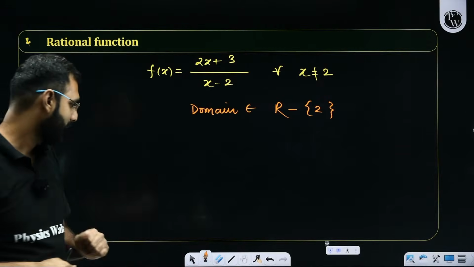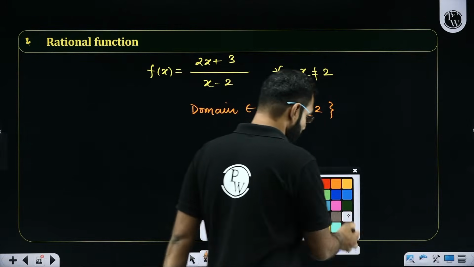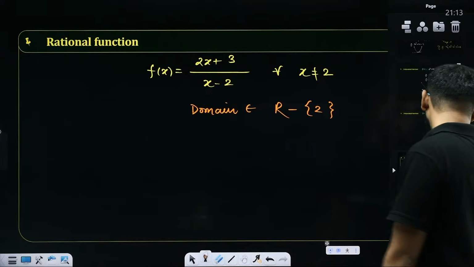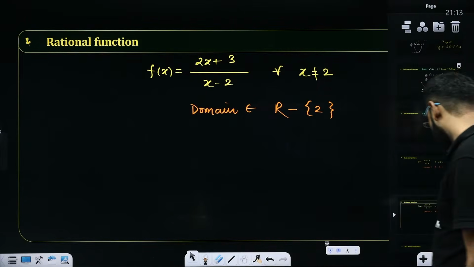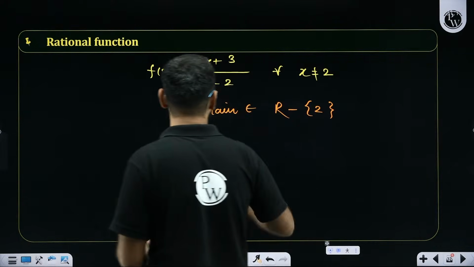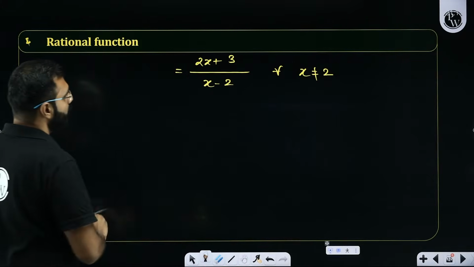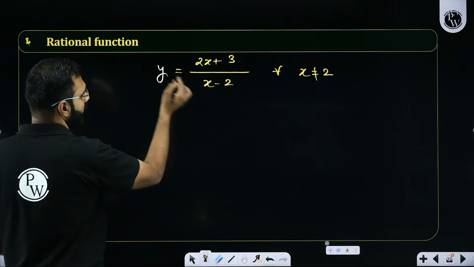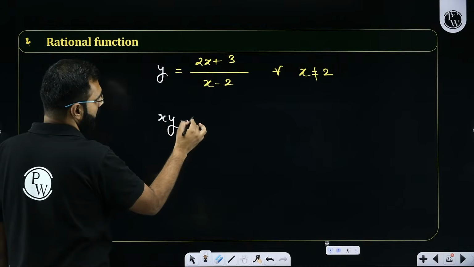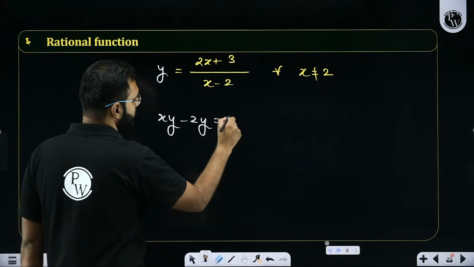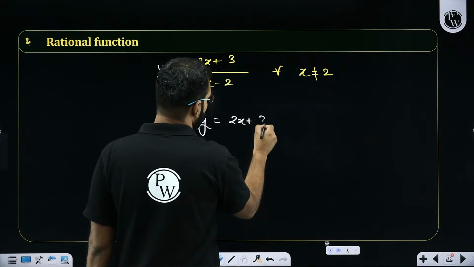Anybody? There is a very interesting approach here, which I'd like to tell you, although this is also what we teach in 12th, but still to 11th class students, I'd love to teach it. So the concept of range can be brought. Let's say this is y. If I cross multiply, it is xy minus 2y equals 2x plus 3.